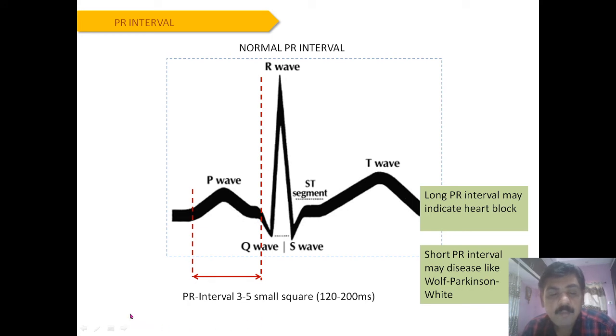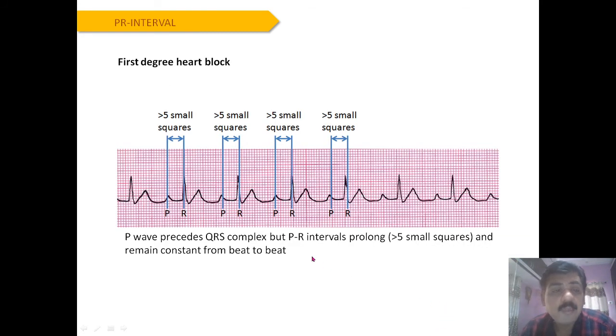Next is the PR interval, which is indicated by 3 to 5 small squares. That means the PR interval lasts for 0.2 seconds. A long PR interval may indicate heart block, and a short PR interval may be caused by a disease like Wolff-Parkinson-White.